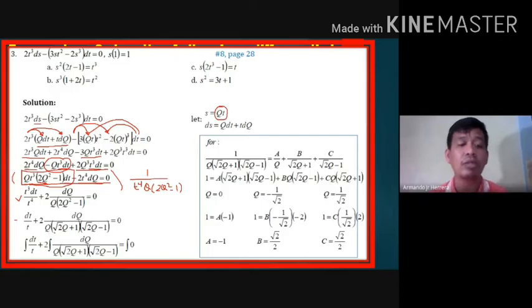dq over q times the quantity, factoring this using a squared minus b squared. So square root of this 2q squared is the square root of 2q plus 1 and square root of 2q minus 1. So ang ginamit natin ay yung a squared minus b squared is equal to a plus b multiplied by a minus b.